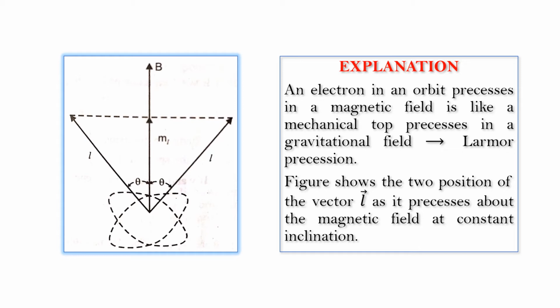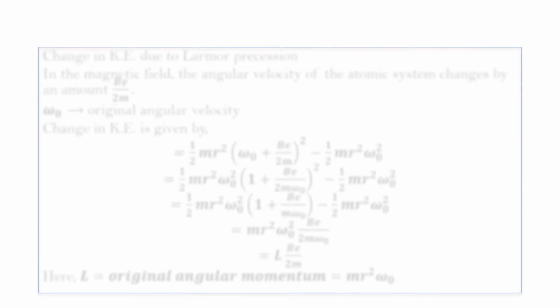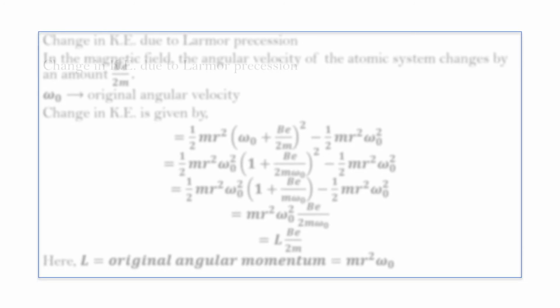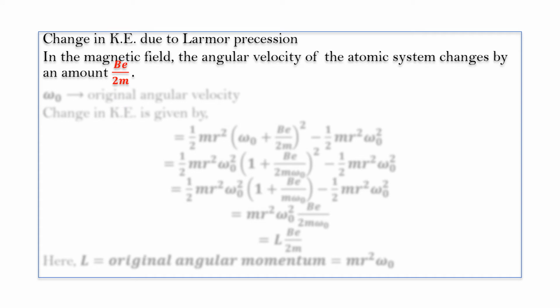So next, the change in kinetic energy due to this Larmor precession. In the magnetic field, the angular velocity of the atomic system changes by an amount Be by 2m.